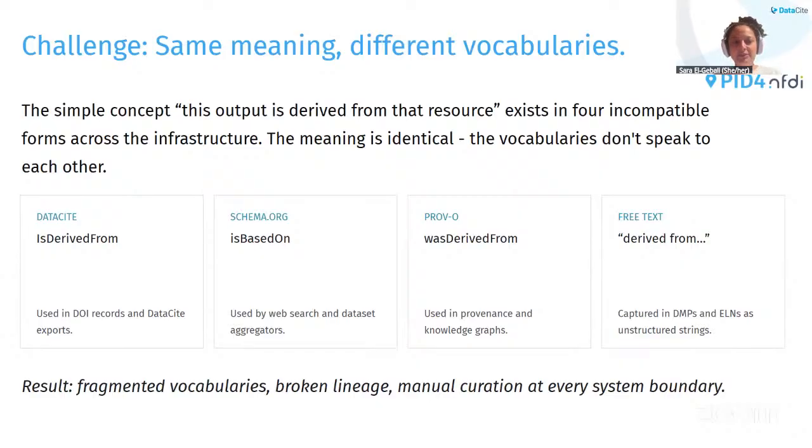In the example in front of you, we have 4 different tools, which means there are 4 perfectly reasonable and comprehensible ways of describing that same relationship, whether we're saying is derived from in a structured way, or in DataCite, or we're using is based on or was derived from, or even annotating it in free text saying this is derived from that.